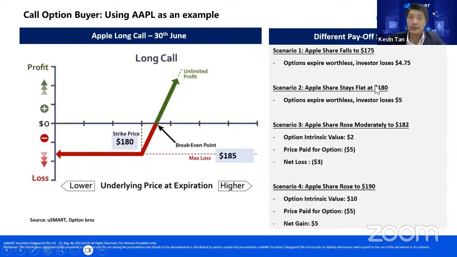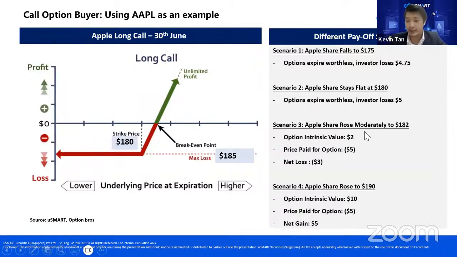So there is no specific advantage to exercising your option to buy the share. Your option will have an intrinsic value of $0, and as a result, the investor will lose the full option premium.